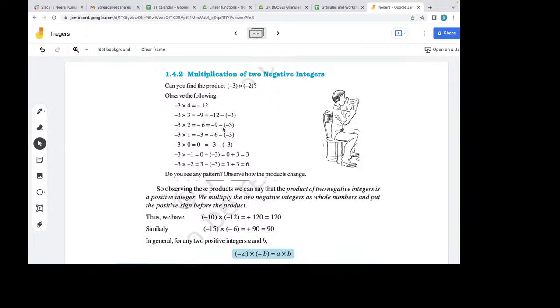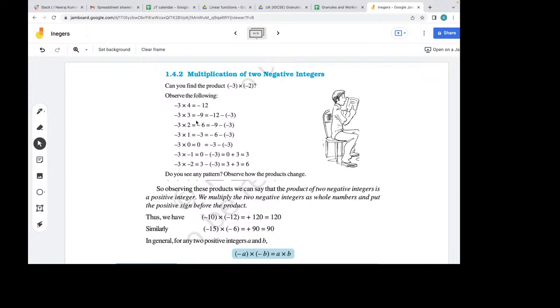Now they have subtracted minus 3 from minus 9. They are multiplying minus 3 by 4, 3, 2, 1, 0 like this, and for that they are subtracting minus 3 from whatever we get in the previous one.